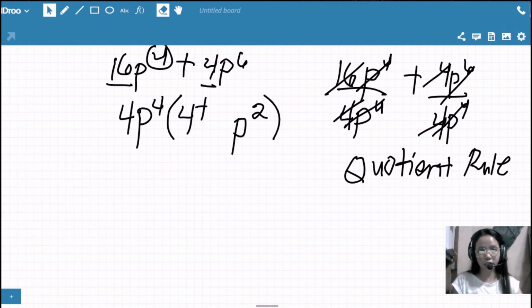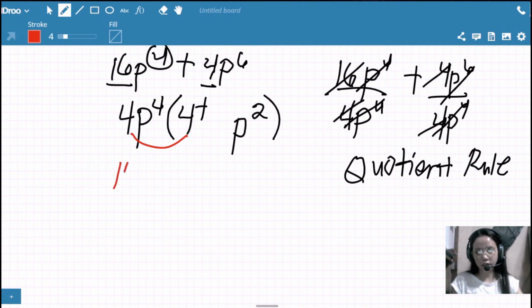Now to check whether this answer is correct, what we're going to do is to multiply our factors. So 4p raised to 4 times 4. That is 4 times 4 is 16, and then copy p raised to 4 since there is no variable on the other term, and then plus 4p raised to 4 times p squared.